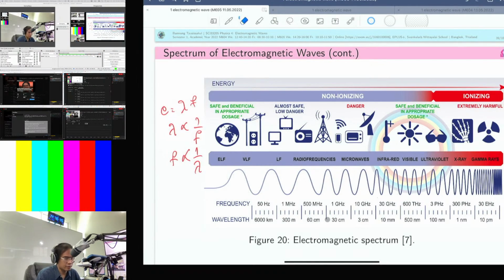Where could we find the low frequency? Humans use the low frequency electromagnetic wave for the television broadcast industry.